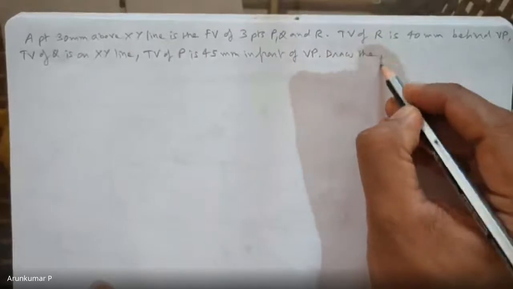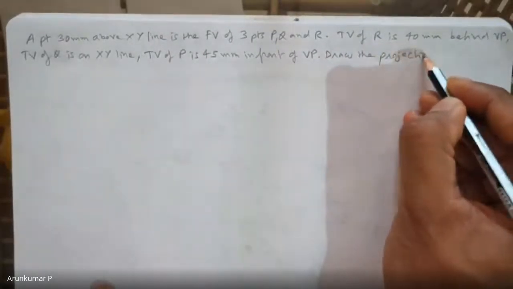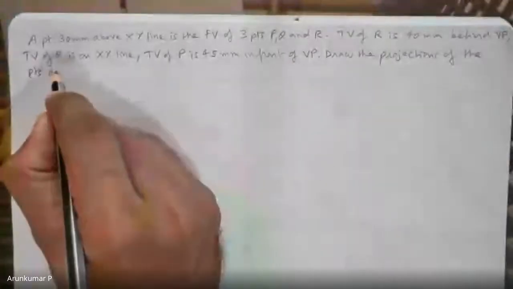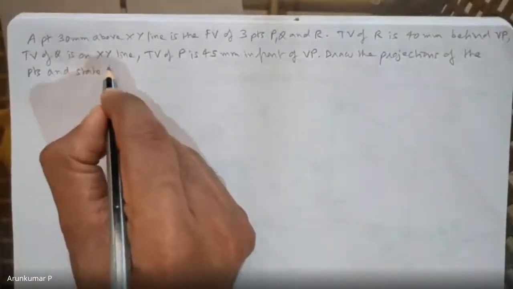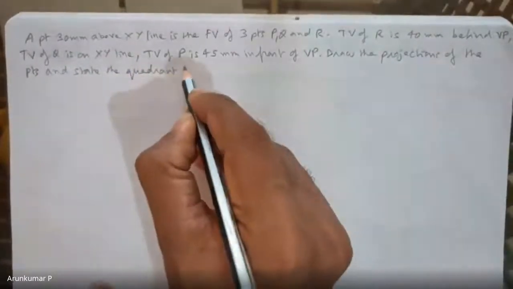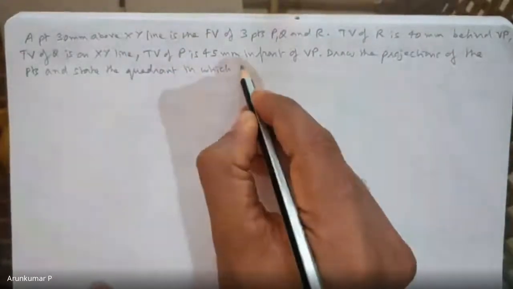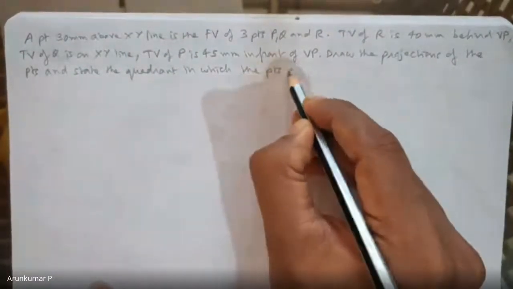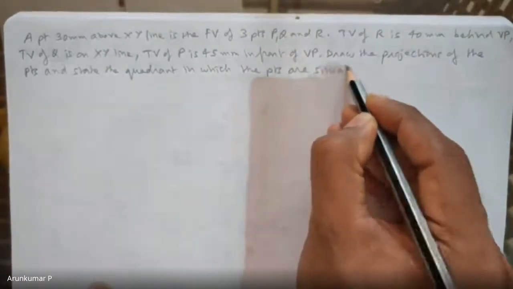Draw the projections of the points and state the quadrant in which the points are situated.